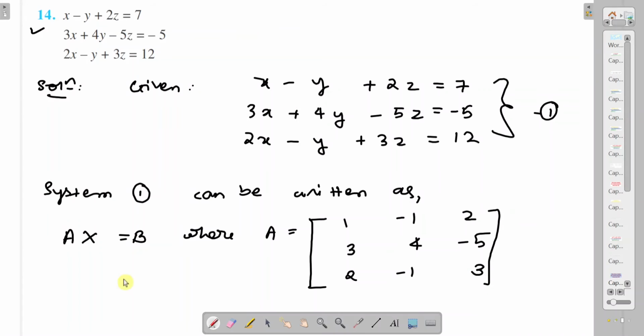Then capital X is what? Capital X is the variable column matrix x, y, z, and B is the column matrix 7 minus 5 12.